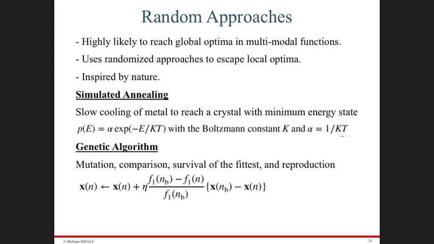Similarly, the opposite: if you work with very low temperatures, what will happen? The exponential is going to vary very quickly, which means that you will have a probability of being in low energy much higher than the probability of being at high energy.